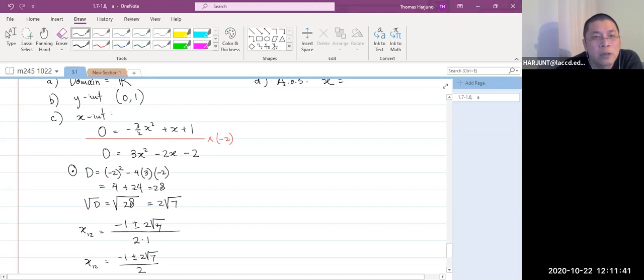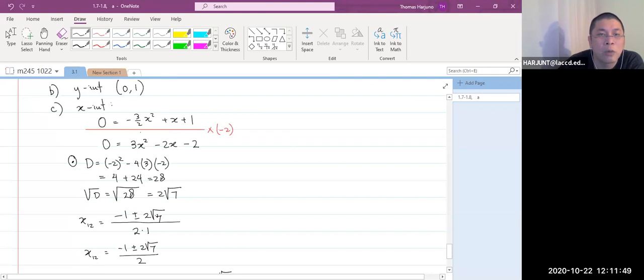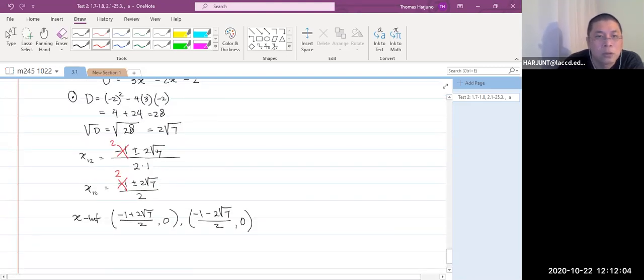My a is positive 3. Now I see. I looked at the wrong one. My b should be negative 2. Let me use red color to correct that. So this should be positive 2. That's positive 2. Let me fix it first. So I can factor the 2 and cancel it. Good thing I detected it early.